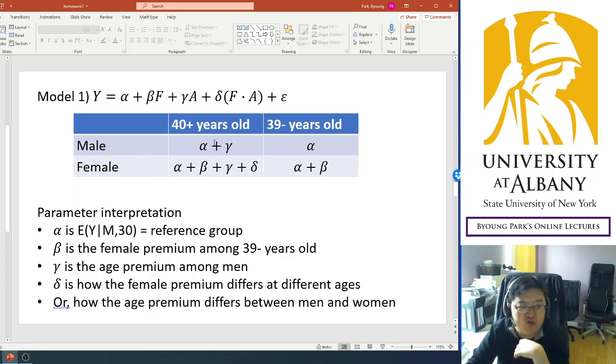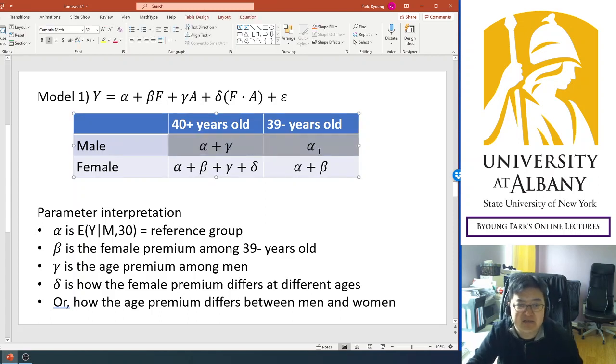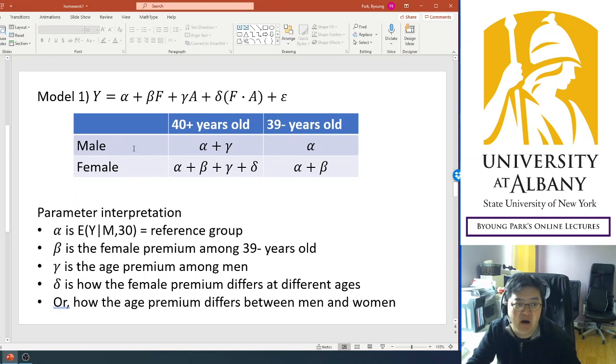Alternatively, you may consider this difference first. The age premium among men is gamma. And for women, the age premium becomes gamma plus delta.